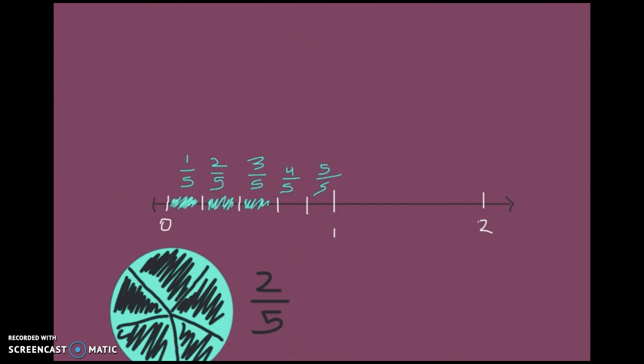So 5/5 is the exact same thing as 1. Let me erase this right here so you don't get confused. So now we know that 5/5 is equal to 1. It is equal to a whole.